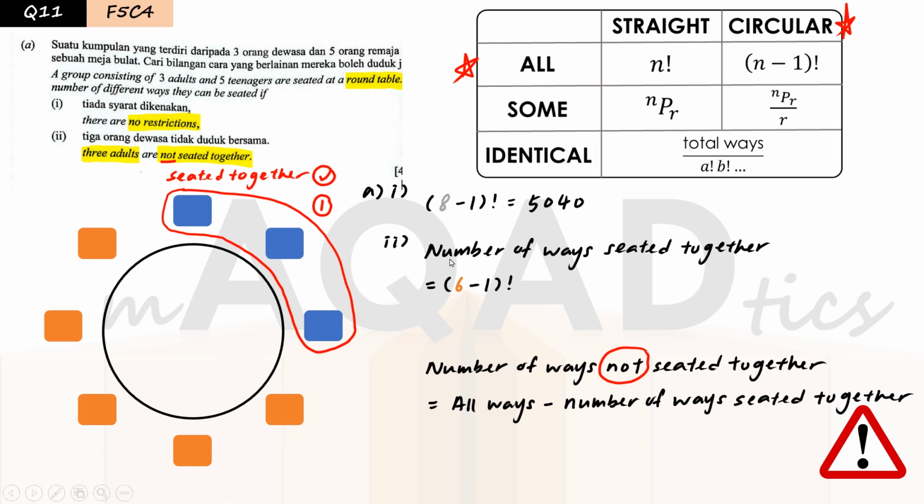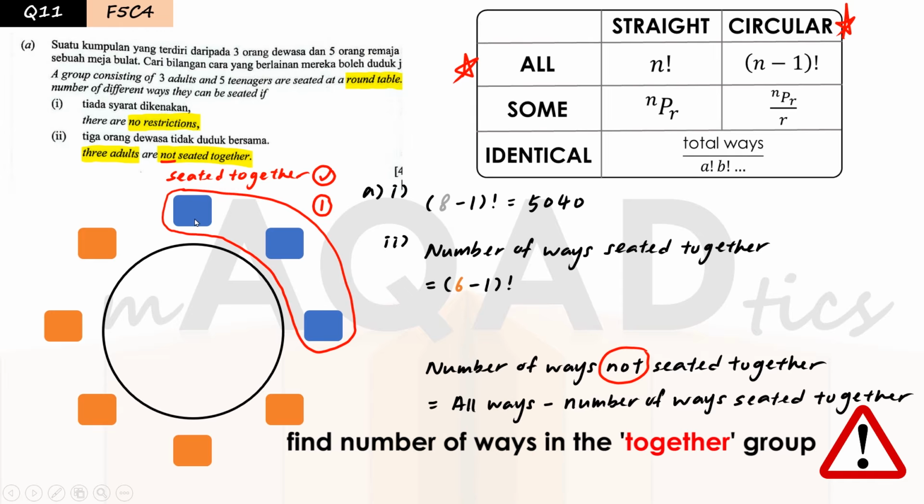Now we have arranged all the people here. So now let's arrange the people in the group. The 3 adults in the group can change their places within the group itself. For example, this person wants to change place and sits here, and this person wants to change place and sits here. You can see that these adults are changing their places within the group itself.